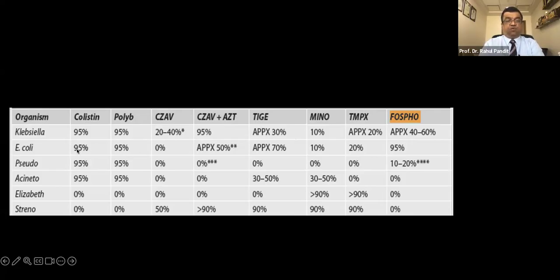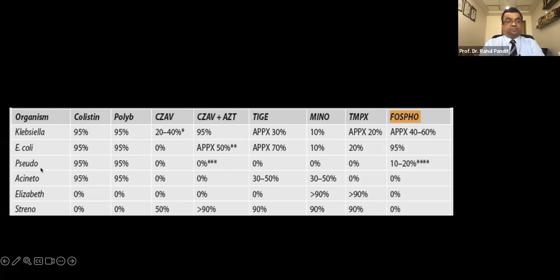Whereas for E. coli, if you start thinking of a polymyxin B or a colistin sparing therapy, then you really need to think about what you are going to use, because the organism will be only sensitive to fosfomycin, which seems to be a very good option to use if you have a very resistant E. coli. Otherwise, you will be forced to use a colistin-based therapy, or a combination of either tigecycline or ceftazidime avibactam plus aztreonam.